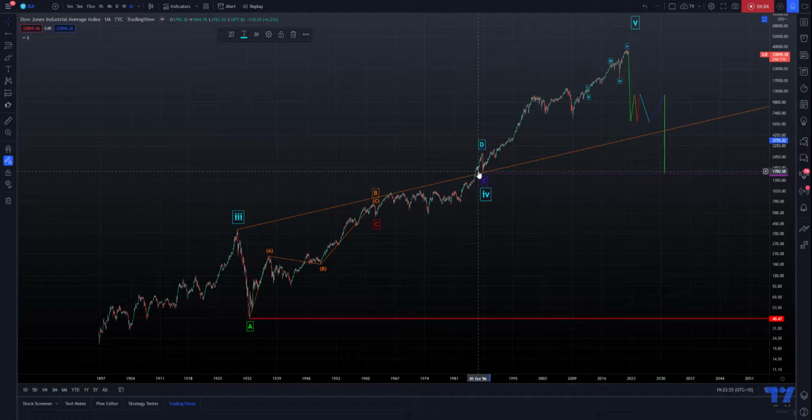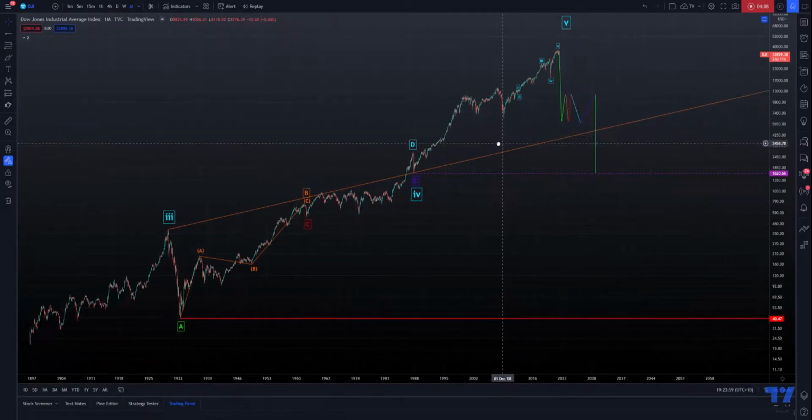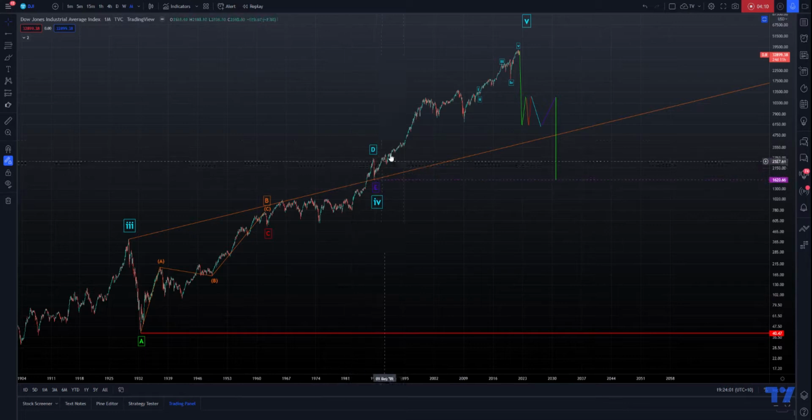So therefore, the last move had to be a zigzag, which I believe this is. This complete move up is a zigzag. Now, being the end of wave 4, typically a market will, after a complete 5 wave move up, start off with the A wave for a long-term correction.